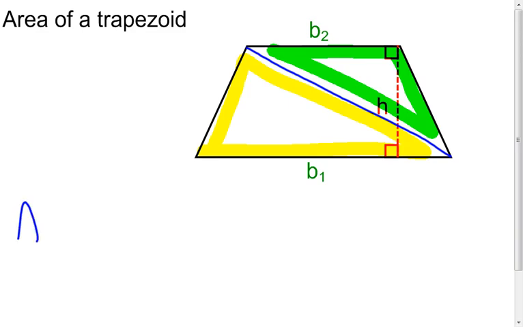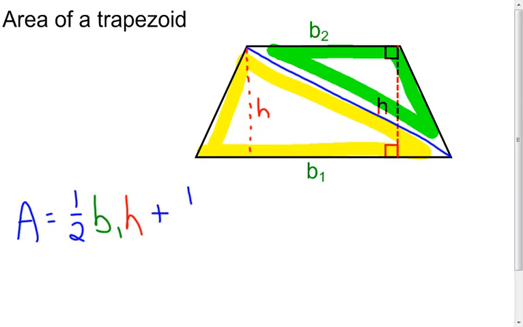So for the area of my trapezoid, I'm going to work with the bottom triangle first. It's going to be 1/2 times the base. The bottom triangle has a base of, call it B1, as you can see. And my height would be right here in that triangle on the bottom. That height is no different than the height of the trapezoid, which is H. So I can do 1/2 times B1 times H. There's the area of the bottom triangle.